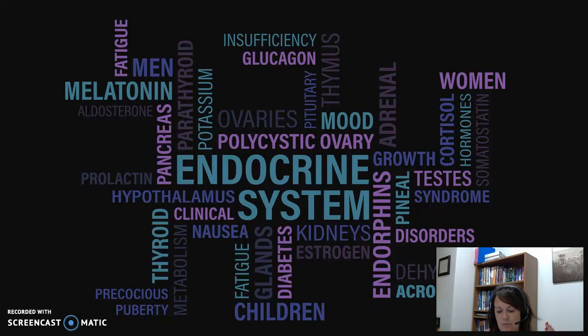Type 2 diabetes is more of an insulin and sugar type issue, and you can read about the insulin resistance and things like that as well. So for type 1 and type 2, table 18.3 is really good there. It talks about type 1 and type 2, their symptoms, things like that.